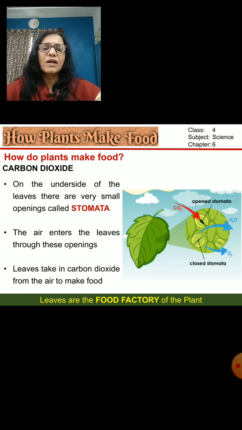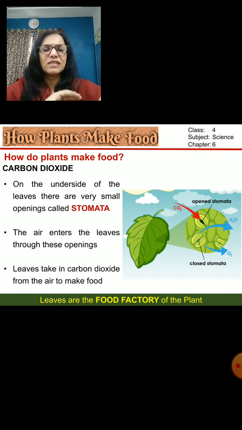Now carbon dioxide. How is carbon dioxide taken in this process? It is also taken by the leaves. On the underside of the leaves, you cannot see it with the naked eye, but there are very small openings called stomata present on the underside of the leaf, and they trap the air which blows.